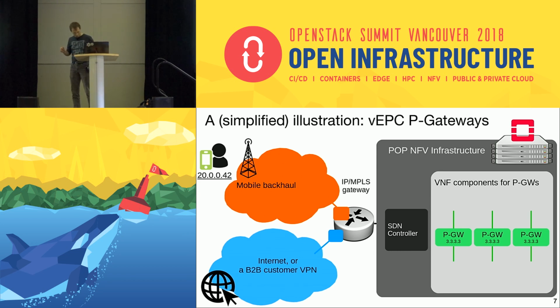In this case, what I'm showing is P gateways which have the same IP address, 3.3.3.3. So it's Anycast. When the components in the mobile backhaul send the user traffic to a P gateway, they send it to 3.3.3.3, and it's routing that takes care of load balancing the traffic to this destination.